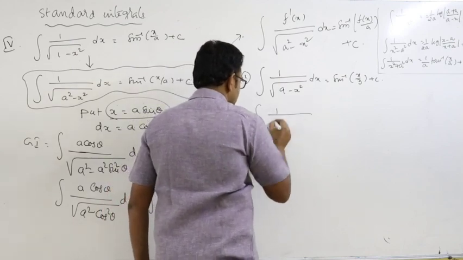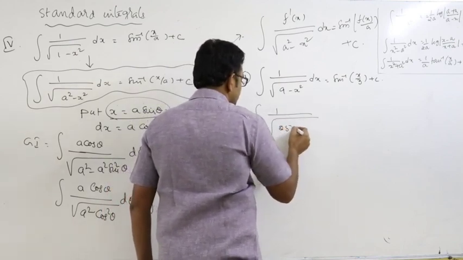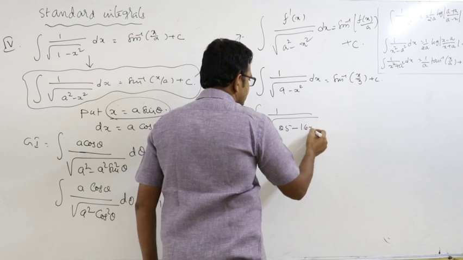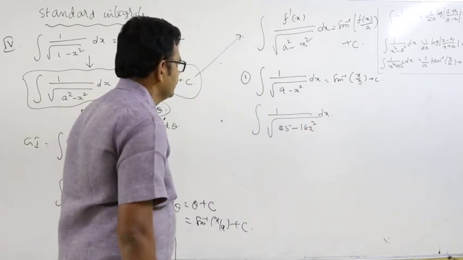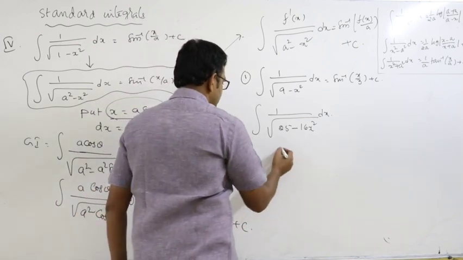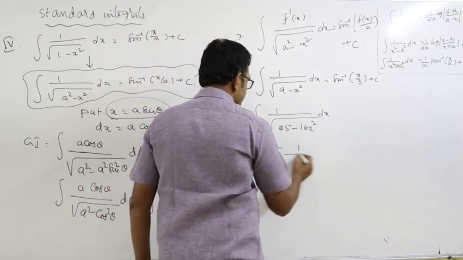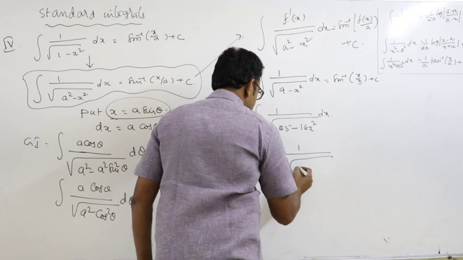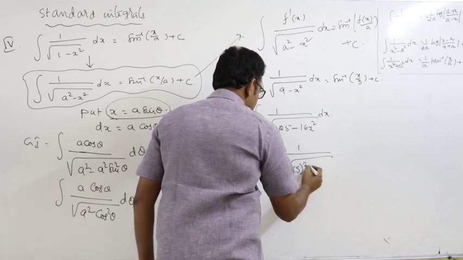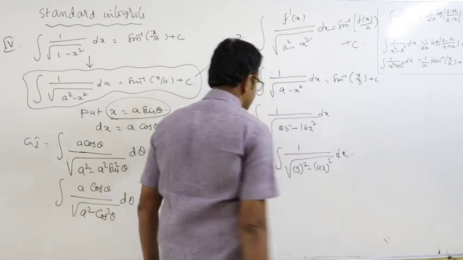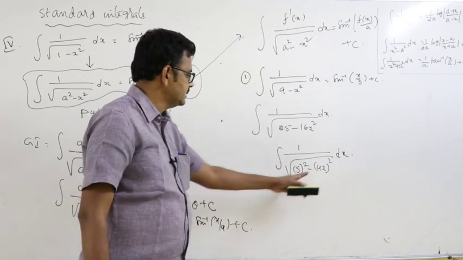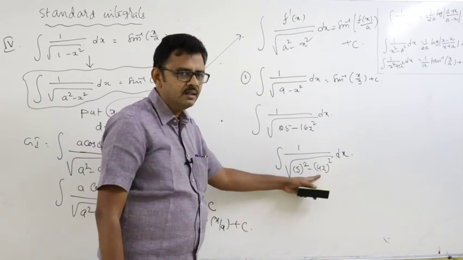Integral 1 by root of 25 minus 16 x square dx. So, that is integral 1 by root of 5 square minus 4x whole square dx. 4x equal to t.